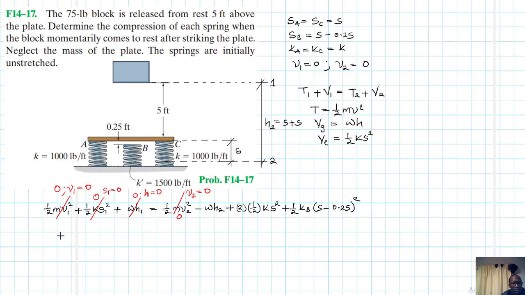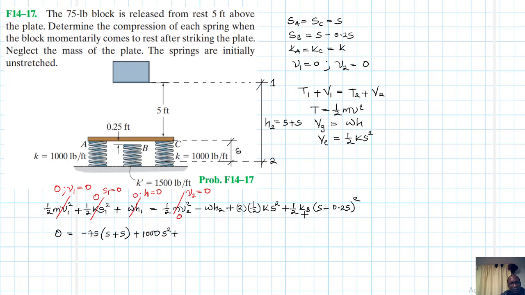So this will remain with just 0 is equal to minus W, which is 75, falling through h2, which is 5 plus S, plus this one, which just becomes 1,000 feet by S squared.